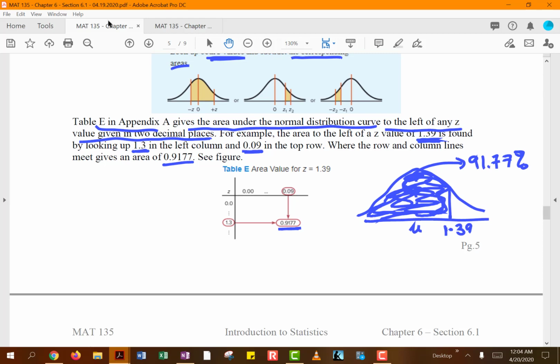So we are saying 91.77% of our data values are falling in there, but you can also think of it as probability. The probability of our data value falling in that region or in that area is also going to be 91.77%. So this not only works as area under the curve, but it also works as probability for that particular data value or for that particular z-score.